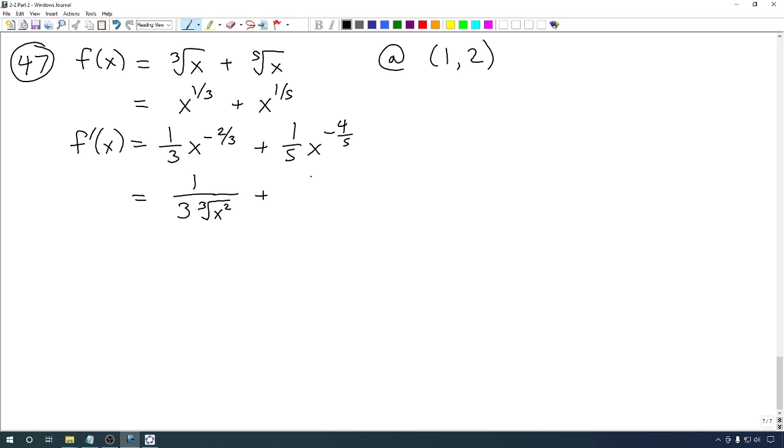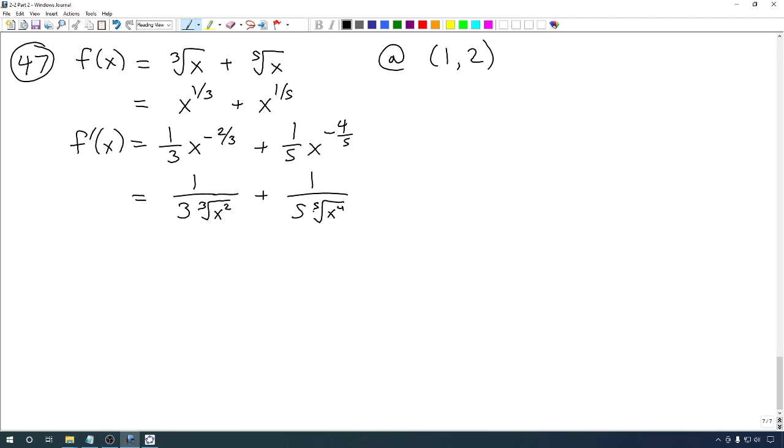This one becomes 1/5 times the fifth root of x to the 4th. Again, the minus sign means it's on the bottom, the fifth means it's the fifth root, and the 4 just means it's the 4th power. Now, if you want to, you could also rephrase these as the square of the cube root of x, or the 4th power of the fifth root of x. Whether or not the 4 is on the inside or the outside is not too important here.